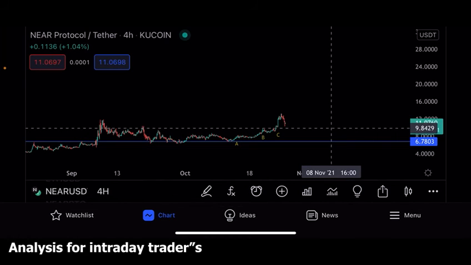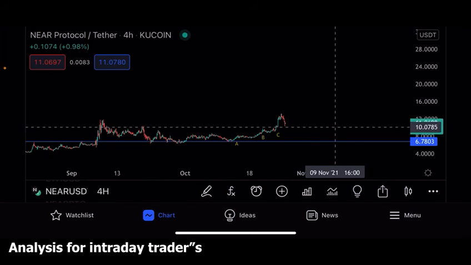Price shouldn't go below this point in the coming weeks until it hits $15. And take note, we're looking at NEAR getting to $20 before the end of this year.